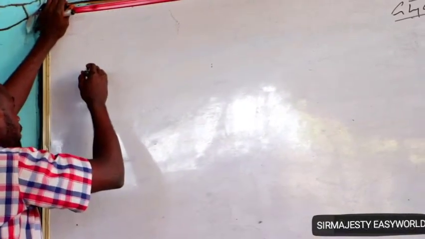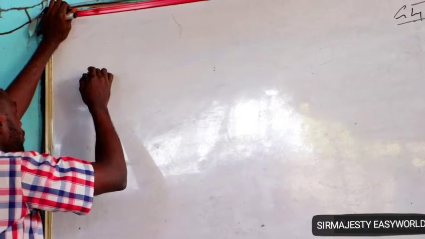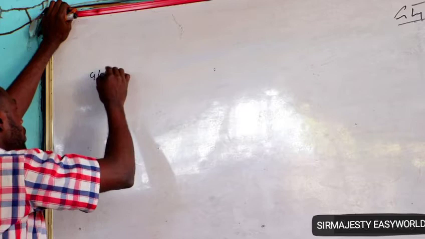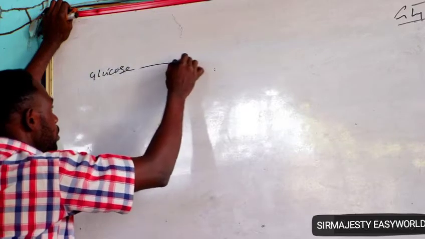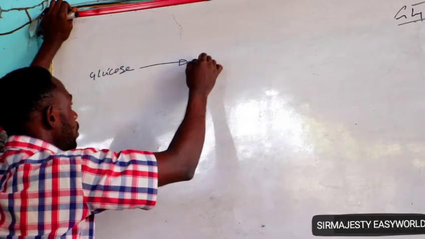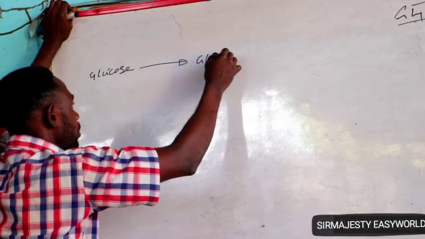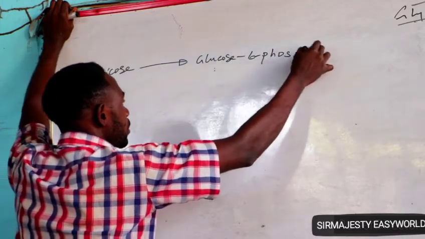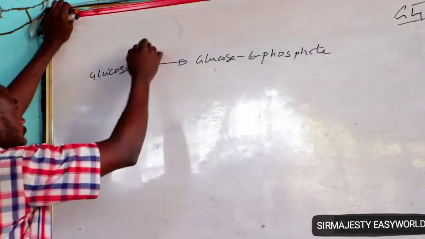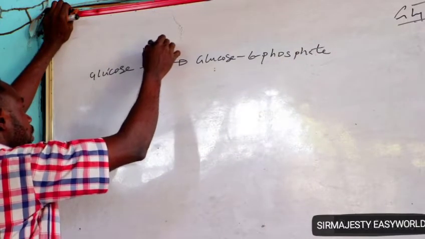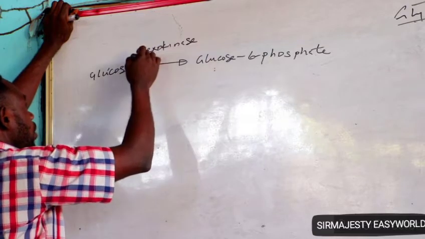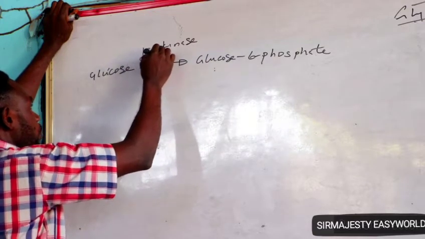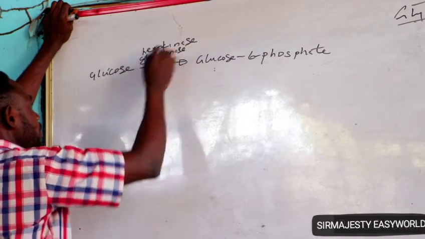The first step is that the glucose is converted to glucose 6-phosphate by the enzyme hexokinase, or what we call in the liver, the correct hexokinase there is glucokinase.